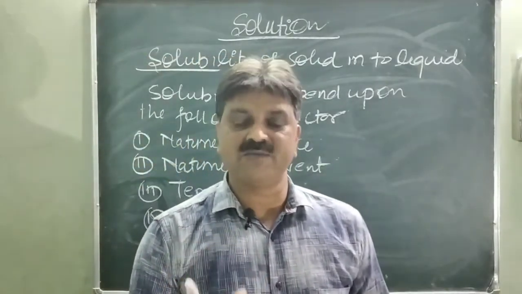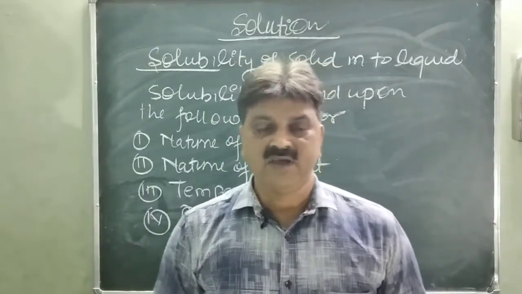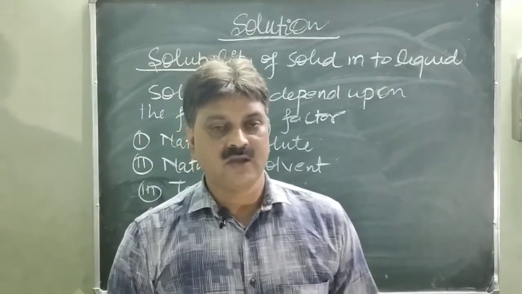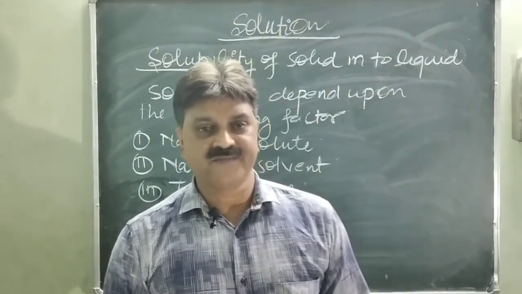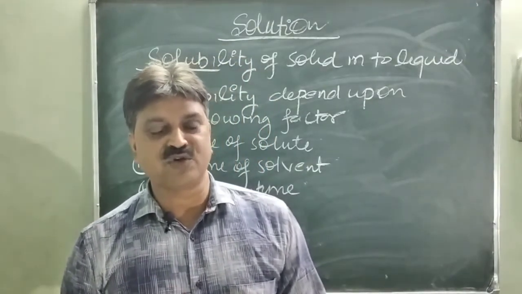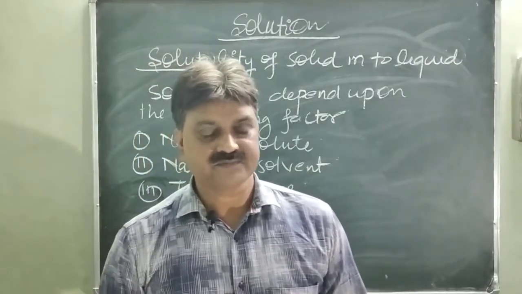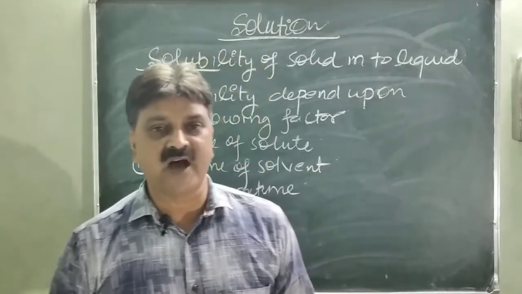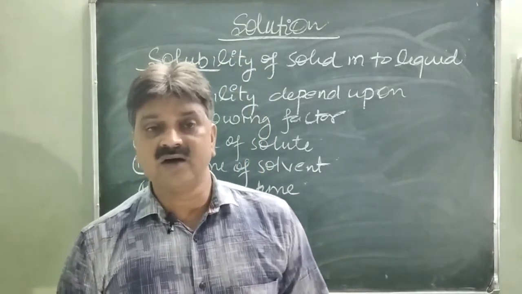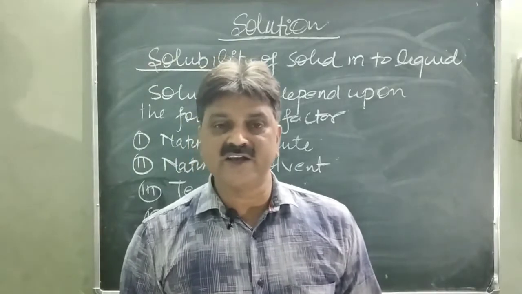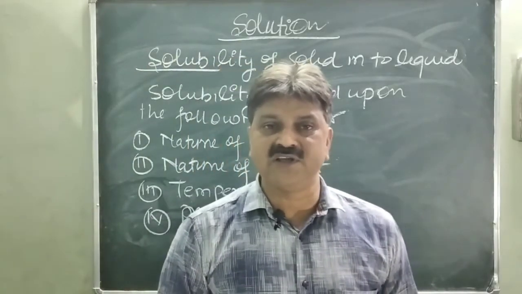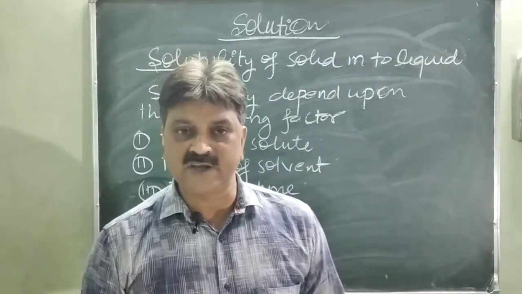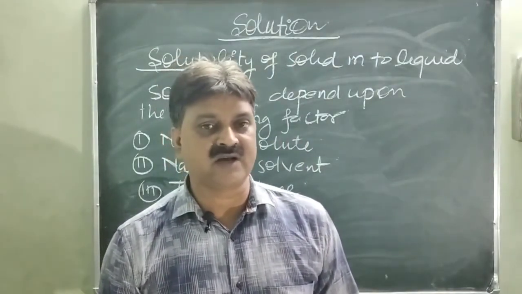First we are considering the nature of solute and solvent. Actually there are two natures of solute and solvent. One is the ionic solute, just like sodium chloride, potassium chloride, sodium nitrate, etc. This is the polar solute. And the non-ionic, just like organic compounds such as benzene, ether, naphthalene, anthracene, etc. These are non-ionic, meaning they are not ionized into cation and anion.